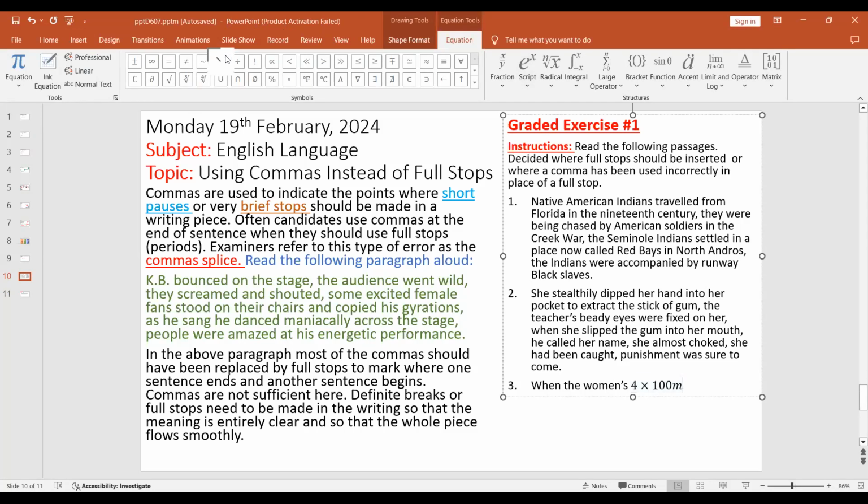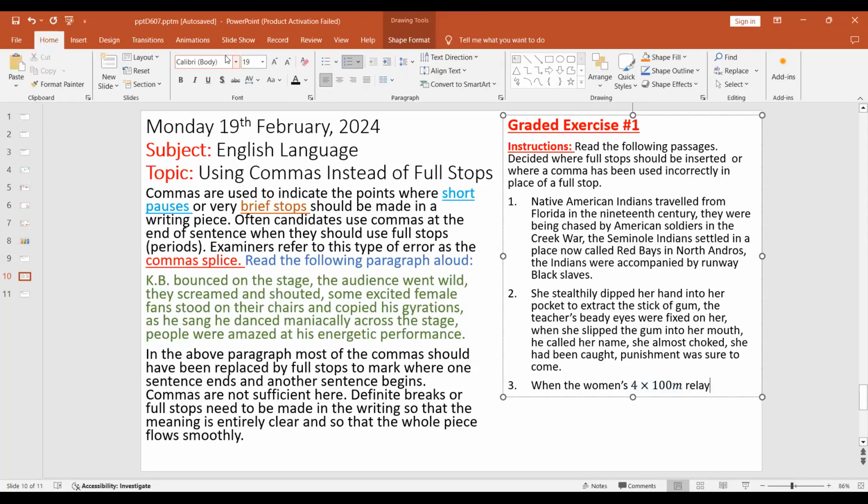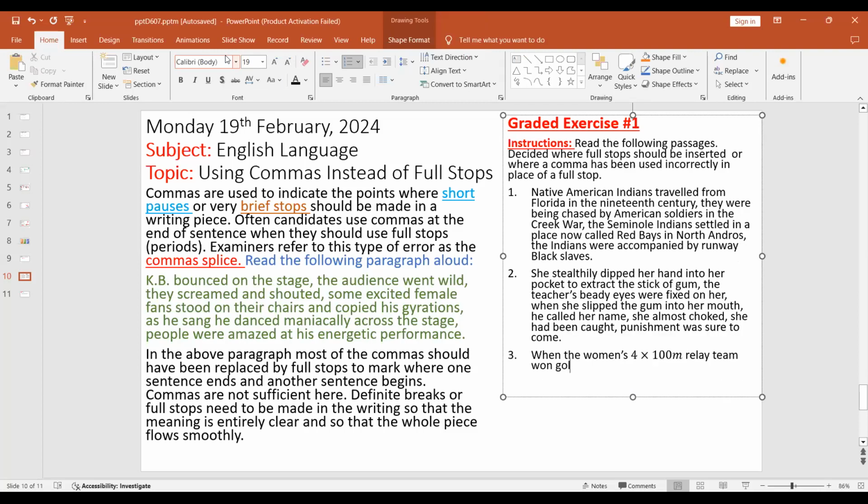So 4 by 100 meters. So when the women's 4 by 100 meters relay team won gold at the 2000 Olympic Games in Sydney, Australia, the whole country celebrated.